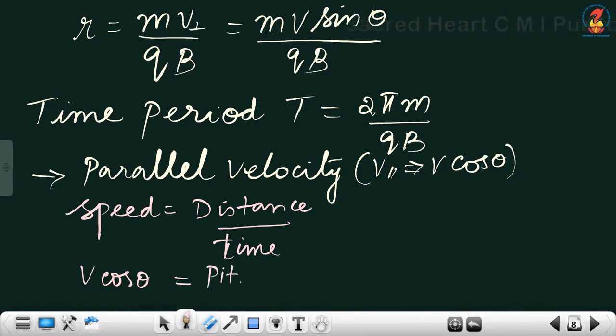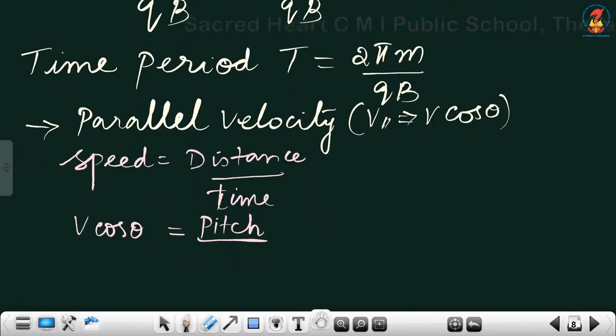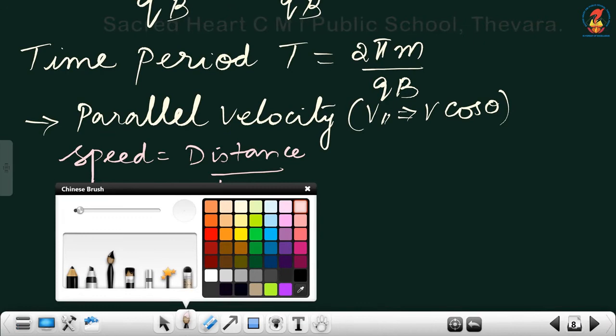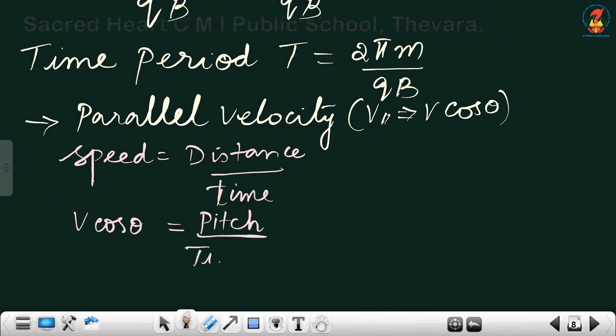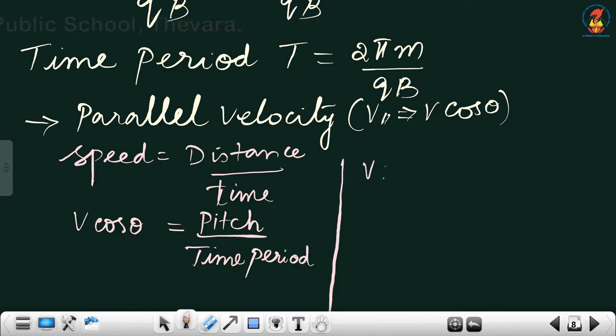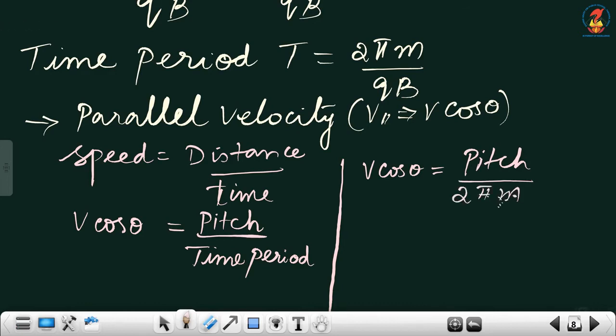So pitch divided by time. Now, what is the time taken for one complete revolution known as? It is known as the time period. We can write v cos theta is equal to pitch divided by the time period, which is 2 pi m by qB.